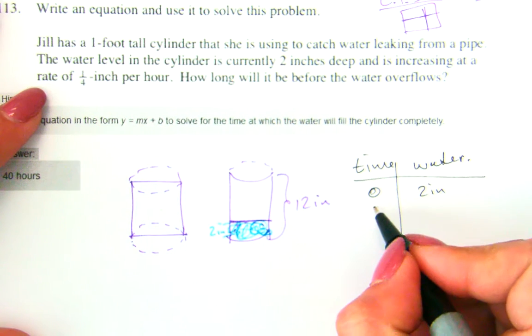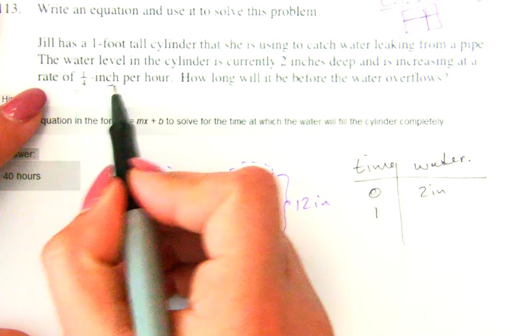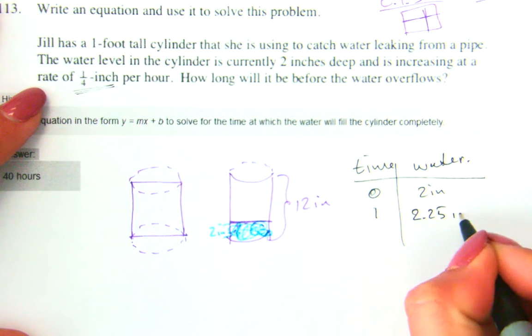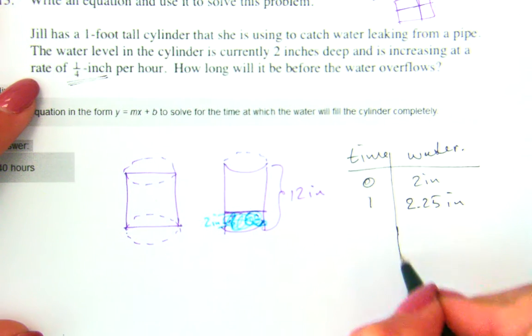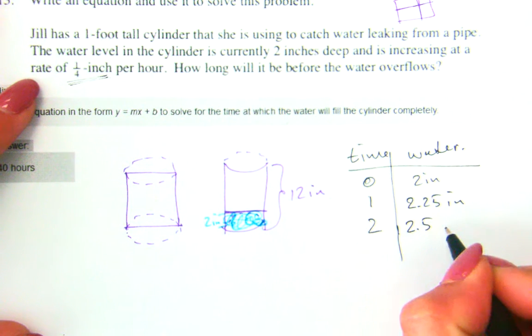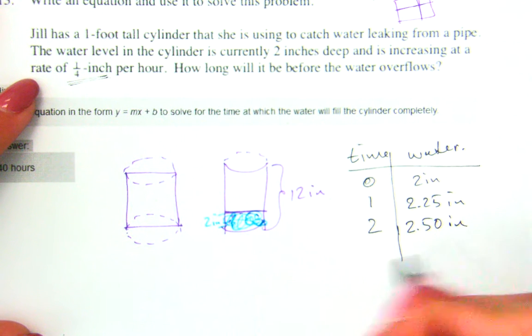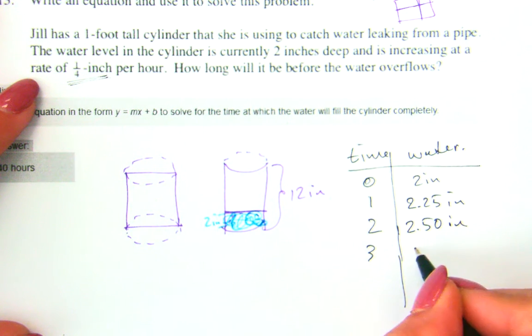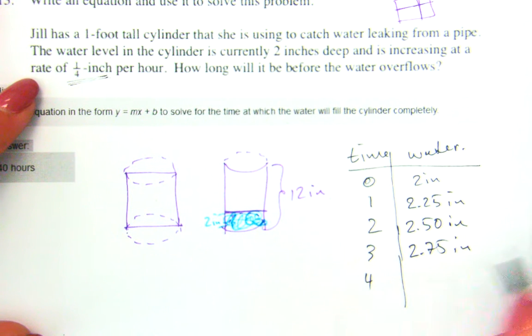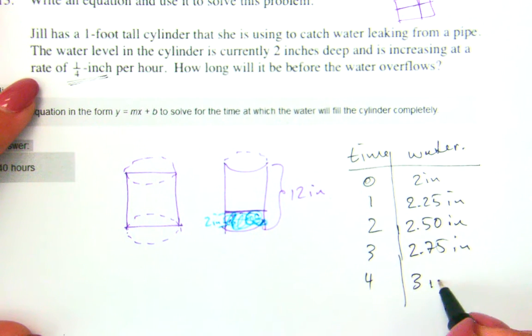And then in an hour, it's going at 1/4 of an inch per hour, so it would be 2.25 inches. In 2 hours, it's another 1/4 of an inch, so it would be 2.50 inches. 3 hours later, it's going to be at 2.75 inches. 4 hours, it's going to be at 3 inches.